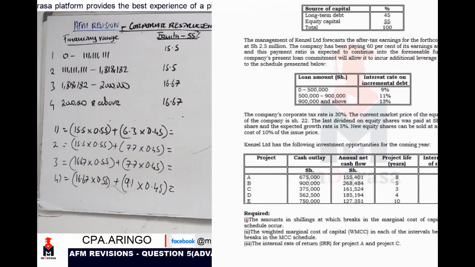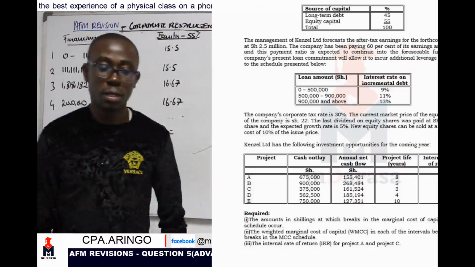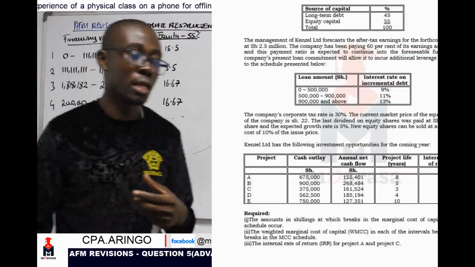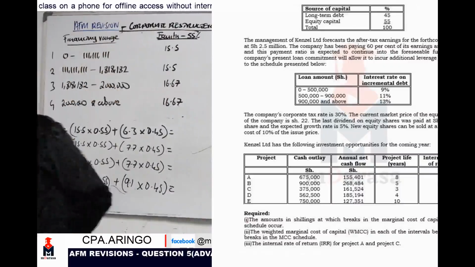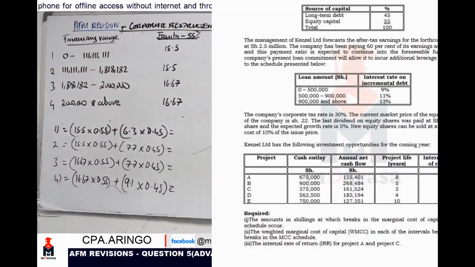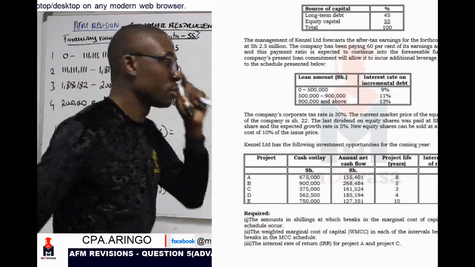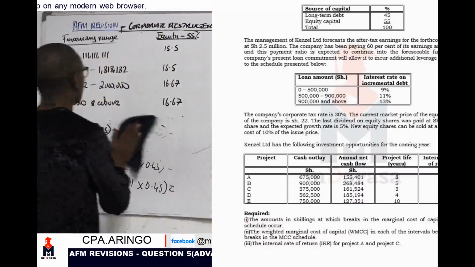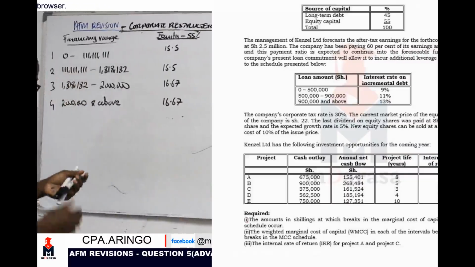Because at IRR, internal rate of return, this is the rate that will equate our NPV to be equal to 0. So at this point, you must recall, how are you determining your NPV? Very important, your NPV is always very simple.